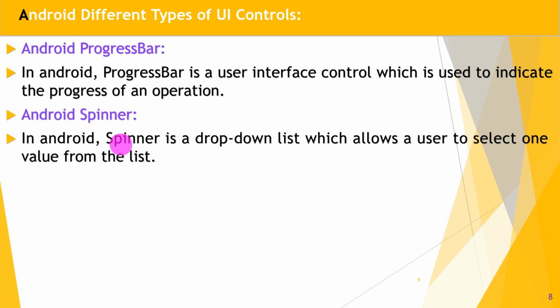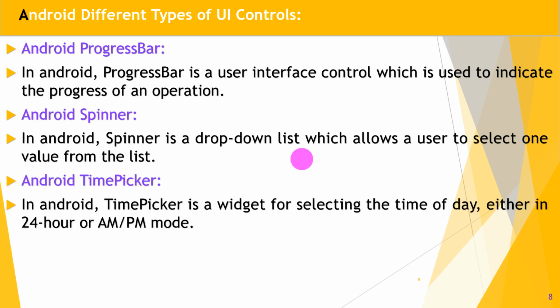This is a most important control in Android. In Android, Spinner is a drop-down list which allows a user to select one value from the list. In Android, a drop-down list is called a spinner. A drop-down list is also called a combo box, drop-down list, or spinner. So it is simply a drop-down list.